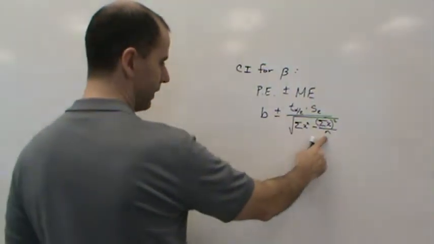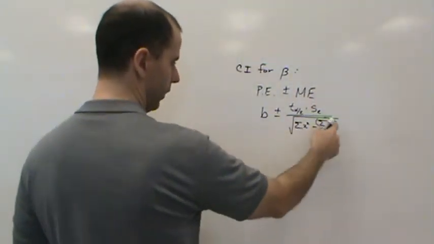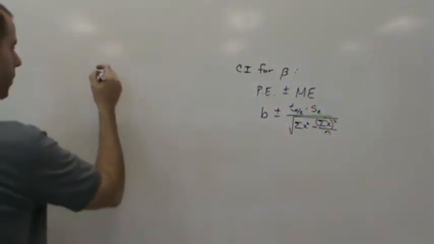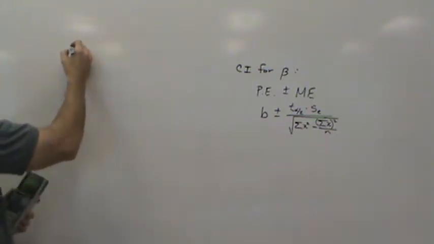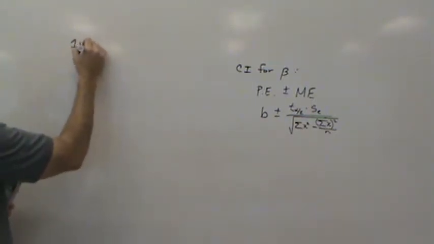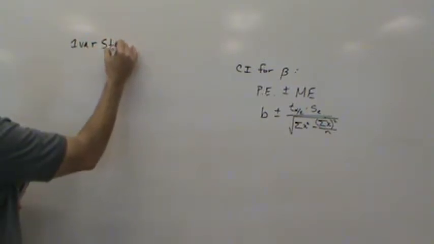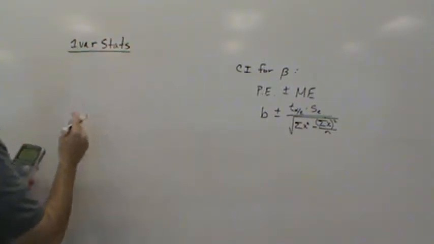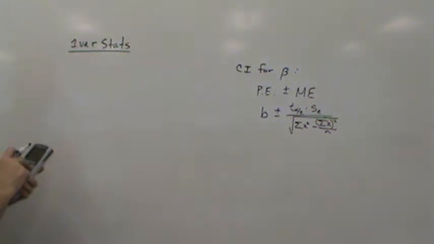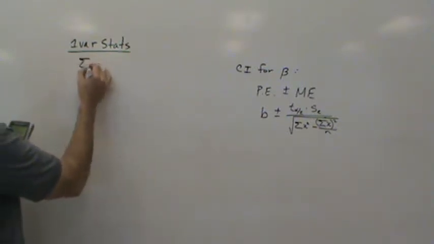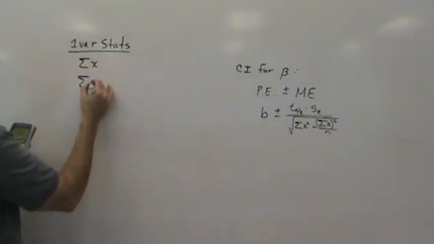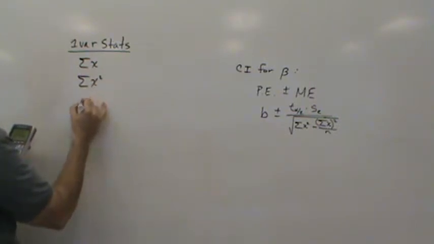Obviously we can get that from the data because we can count, but all three pieces are going to come from one var stats, which is going to give us the sum of x, the sum of x squared, and n.